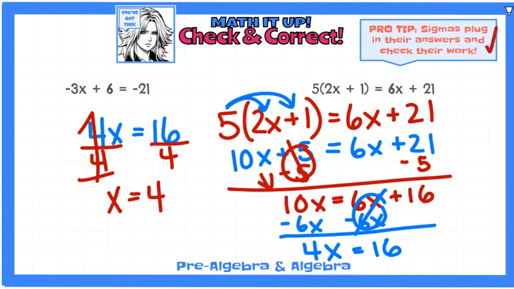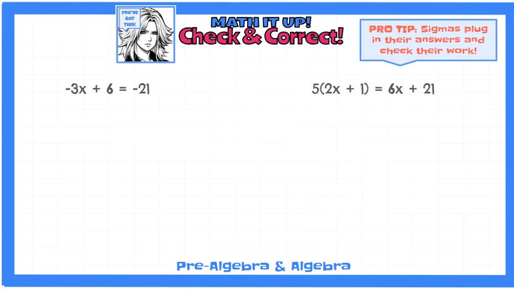All right, so pro tip, sigmas always plug their answers in. Let's try to plug our answer in then. So anywhere there's an x, we're going to put that 4 in. I'm going to place that 4. That's where I'm plugging in.